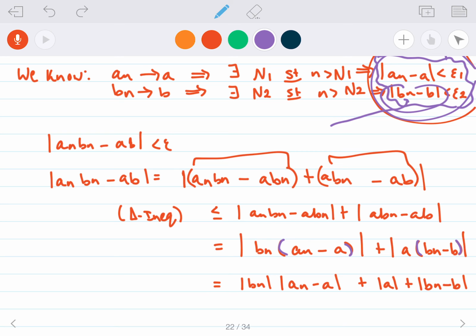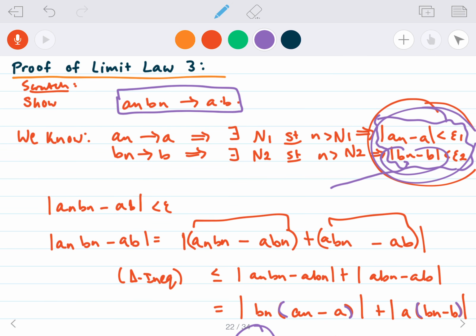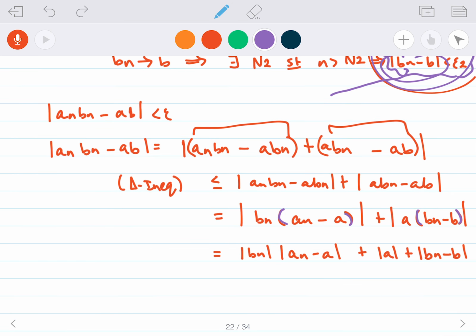And I also know something about B sub n, right? I know that B sub n is convergent. Okay, so this is what I'm going to write off to the side. Since B sub n is convergent, it converges to B. By the theorem that we just looked at, it's bounded. B sub n is bounded.